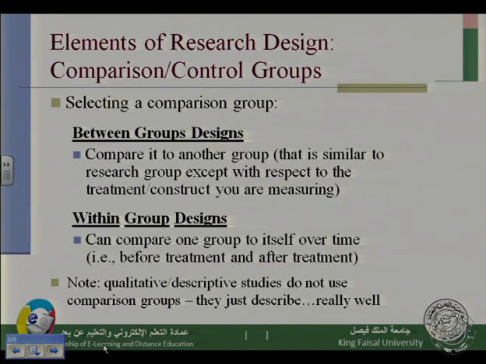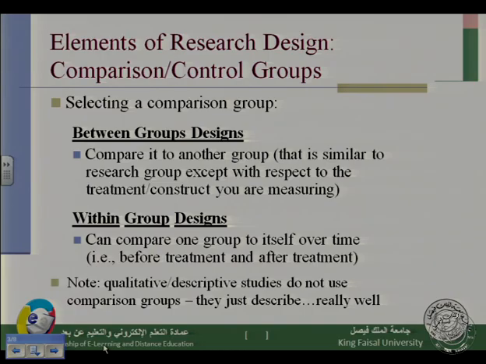It's called comparison, sometimes experimental groups. As I said, usually in the experimental design, you have two groups. One is called the experiment or the experimental group, and the other one is the control group. In the experiment, you give them the new treatment. It's called treatment.